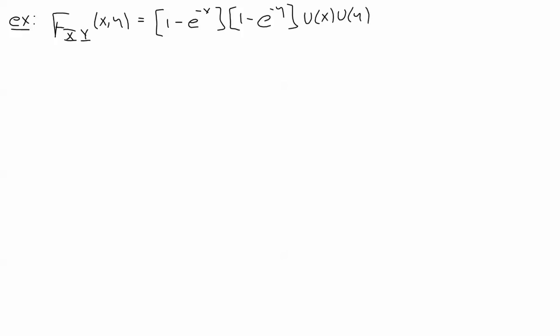What we want to find now is the associated joint PDF. I've got to take two first partial derivatives, so let's just do it.